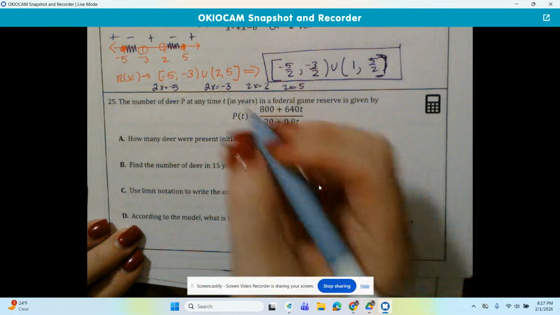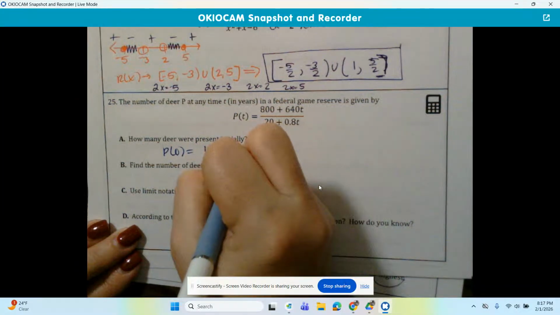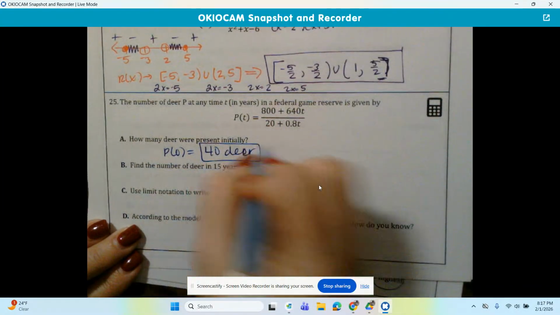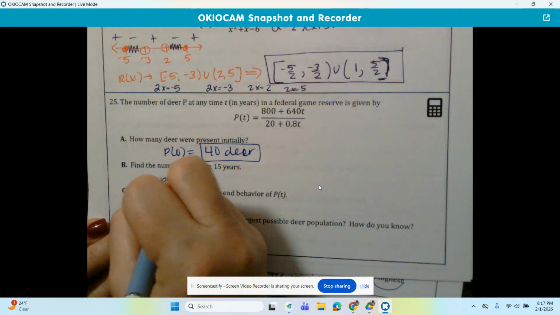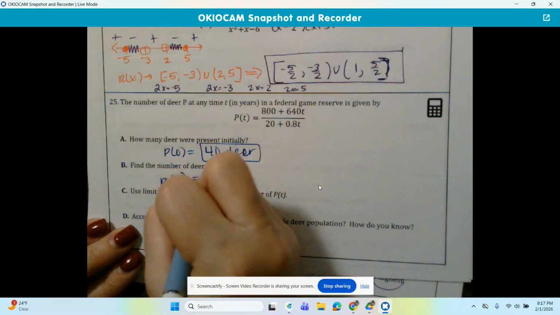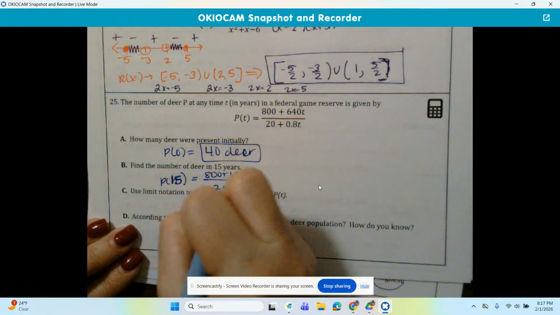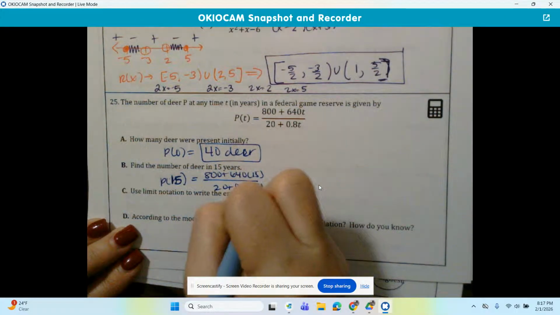All right, so what we've got here is we know our initial, our P of 0 was 40 deer. We know that our P of 15, okay, you could literally write that out if you wanted to, the 800 plus 640 times 15 over 20 plus 0.8 times 15.